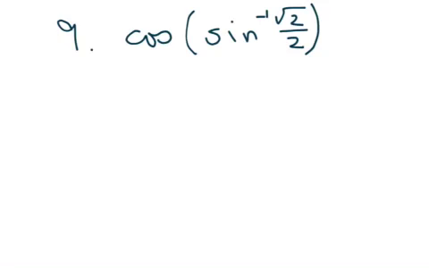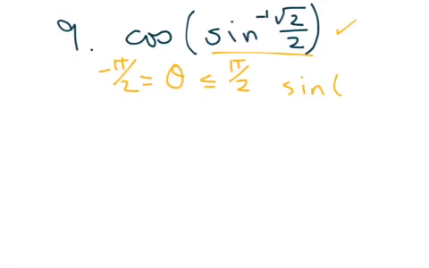The first scenario is when you're given the value of sine inverse combined with the cosine. So this is number 9, and what we want to first do is look at our restrictions on sine inverse. For sine inverse, our theta has to be in between negative pi over 2 and pi over 2. In this case, it doesn't really matter because we already know that sine of theta equals root 2 over 2, so theta is pi over 4.